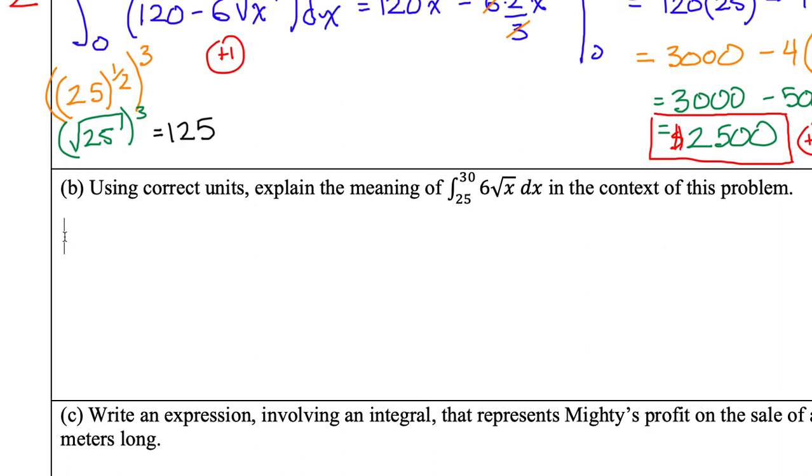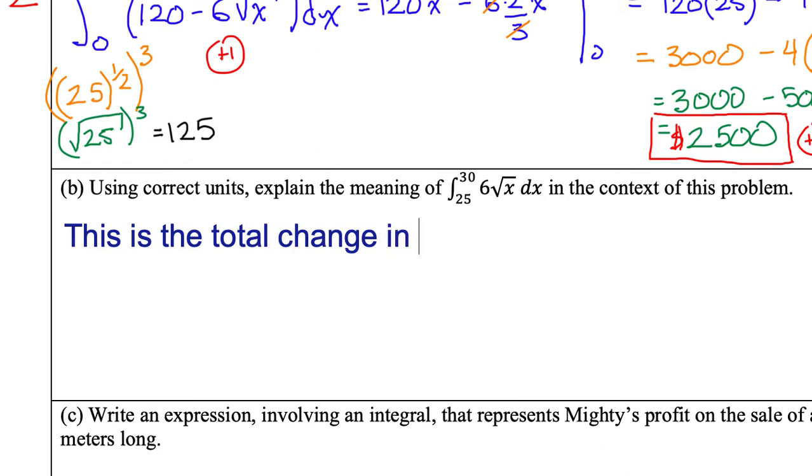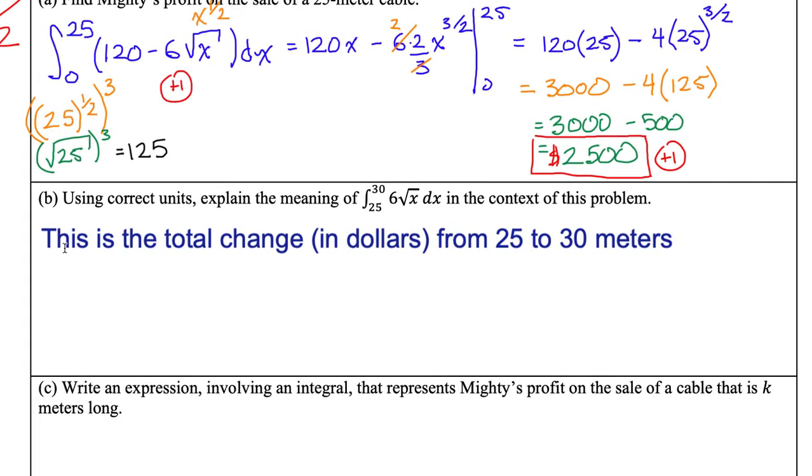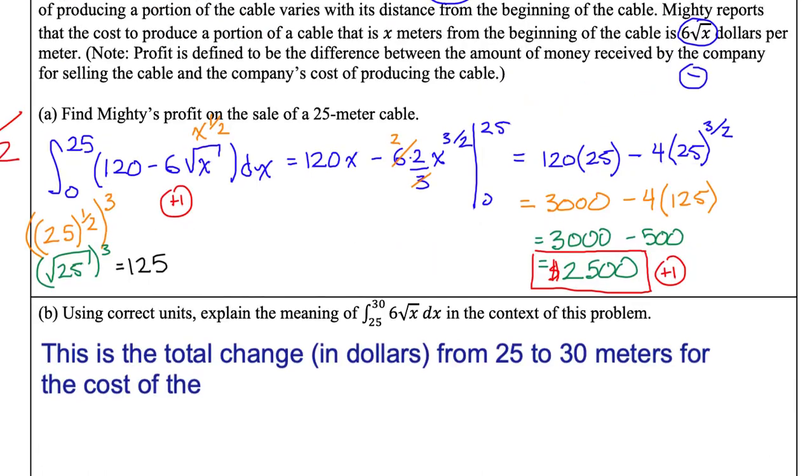So we'll say this is the total change in dollars from 25 to 30 meters. And then just saying that is enough to get you the full points, but if you want to be more exact, you can say from 25 to 30 meters for the cost of the cable.